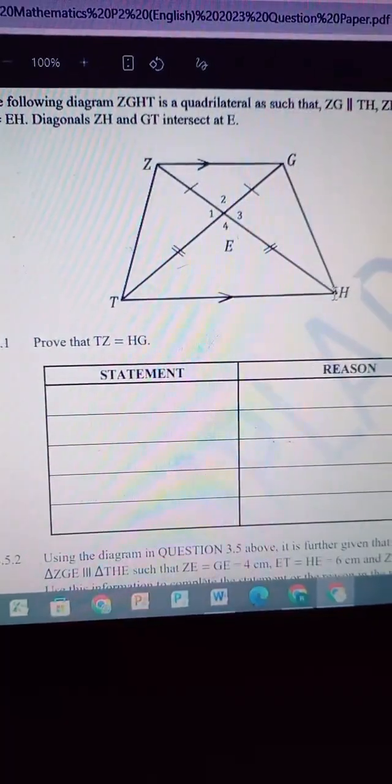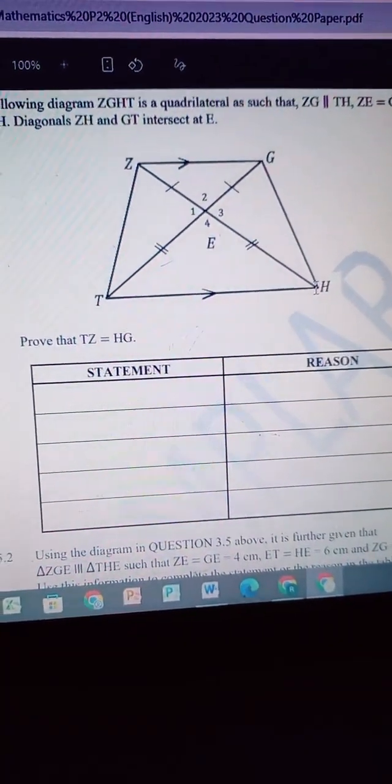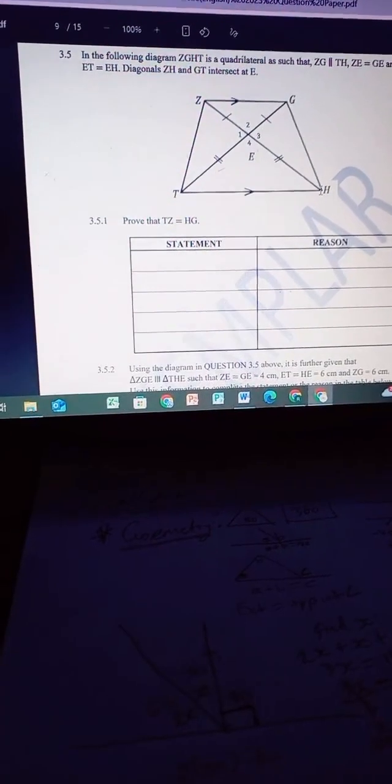Diagonals ZH and GT intersect at E. Question: prove that TZ is equal to HG.